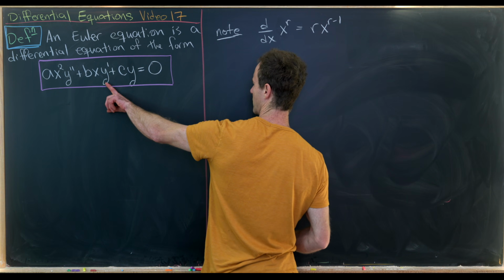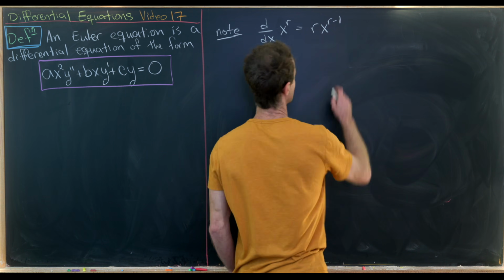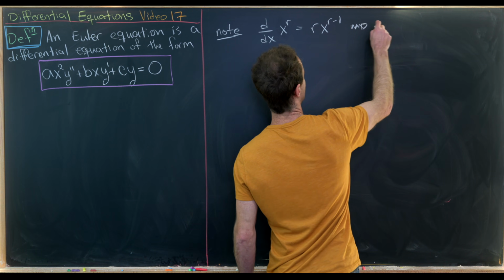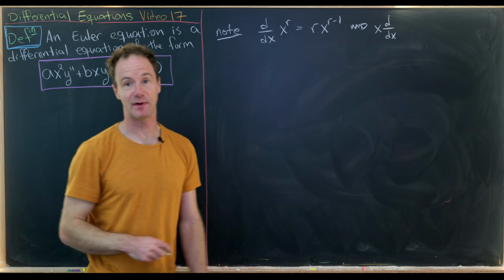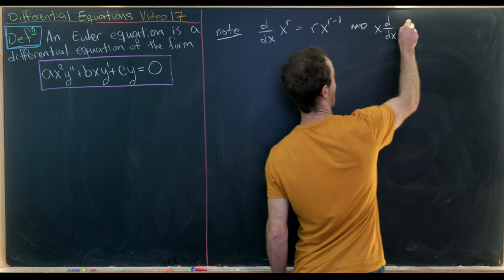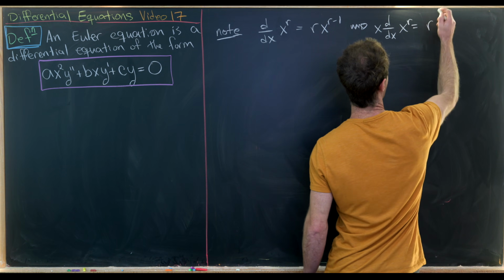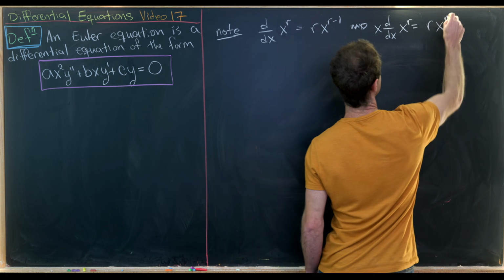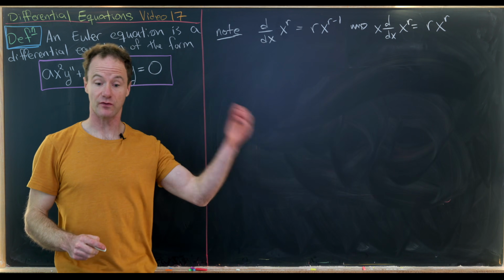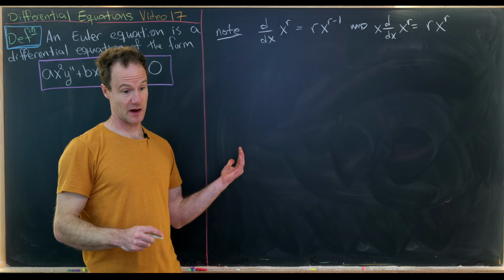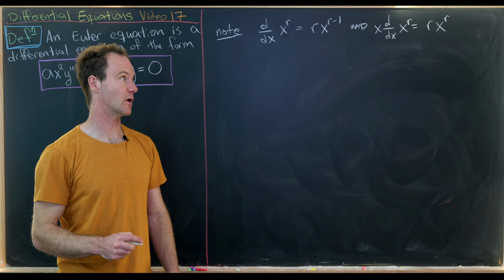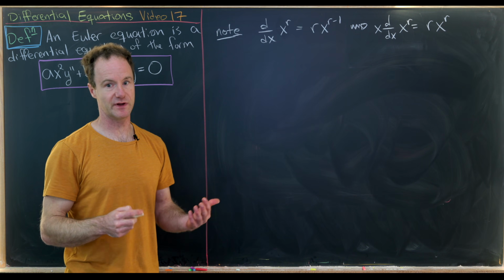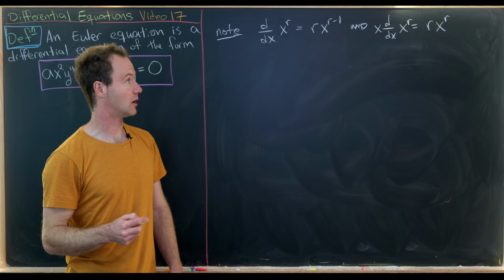But look over here, we've got the derivative and then a multiplication by x. So if we replace this with a new operator, which I'll call x d by dx, and attack x to the r, we'll get r times x to the r. So the derivative will decrease the degree by 1, but then multiplying by x will increase the degree by 1. So in the end, we don't change the degree at all.